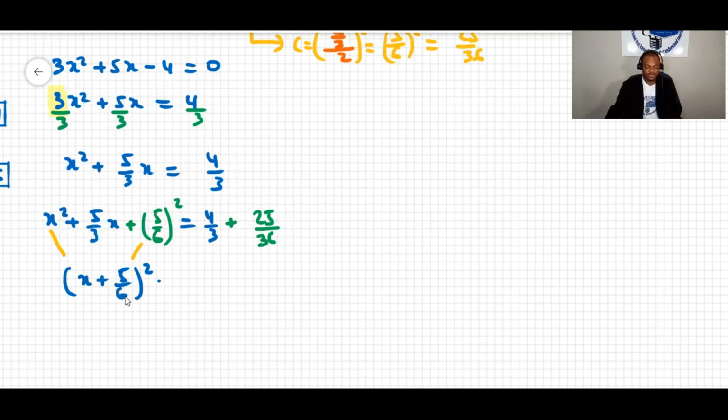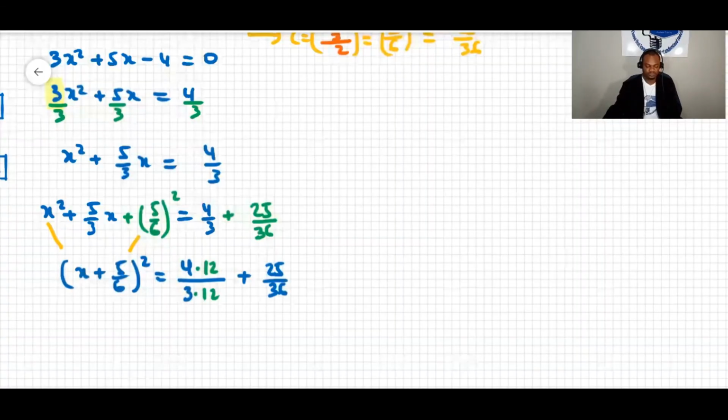Now, this is equal to, let's combine these with a common denominator. So it's 4/3. If I need to get 36, I must times here by 12, and then also I must times there by 12, because I want to write the two of them with a common denominator. Then this will be 48/36 plus 25/36.